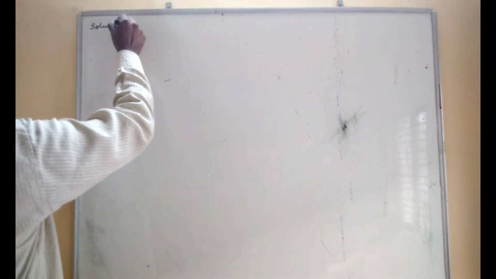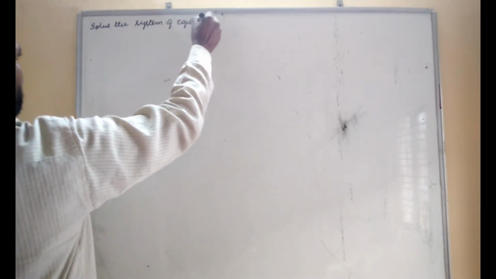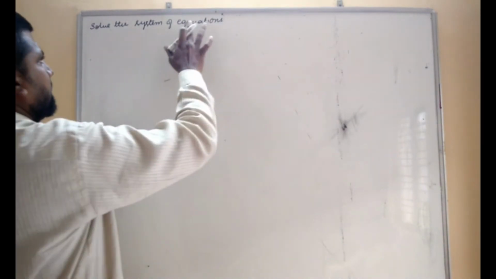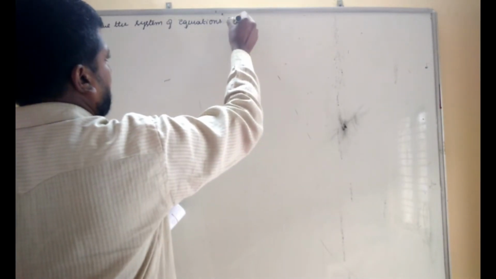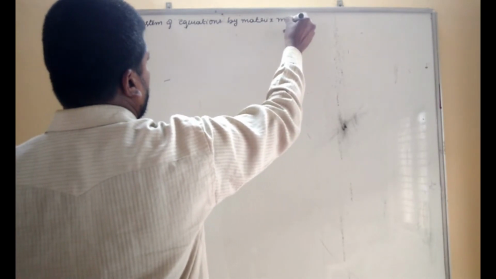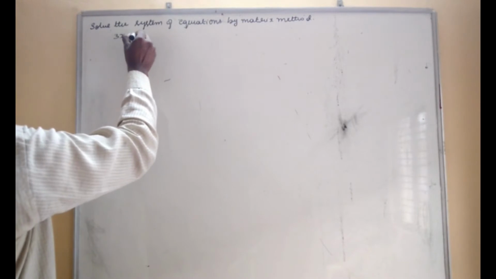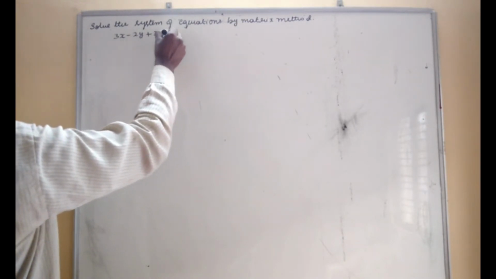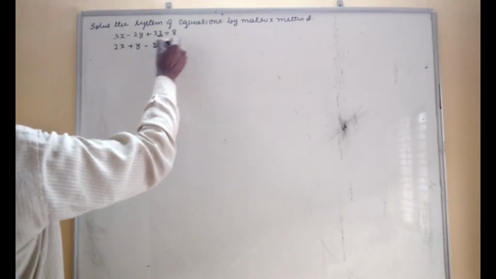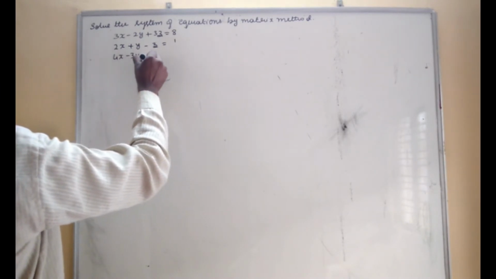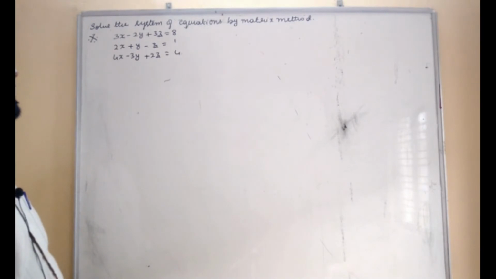Solve the system of equations by matrix method. 3x minus 2y plus 3z is equal to 8. 2x plus y minus z is equal to 1. 4x minus 3y plus 2z is equal to 4. Solve the system of linear equations by matrix method.